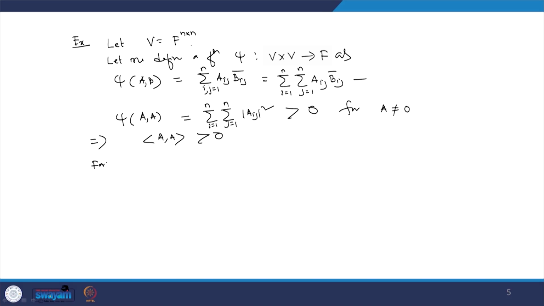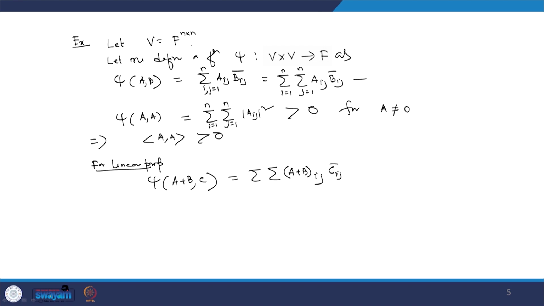For the linear property, we have psi of A plus B comma C, that matrix, is equal to sigma sigma of (A plus B)_ij and C_ij bar.